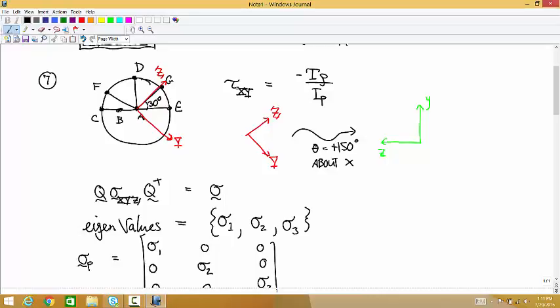Then you'll get different ones for B, and for A you won't have any stress at all because the shear stress due to torsion depends on how far you are from the center, and that's at the center. So along the center line of a circular cross section, you never have any stress due to torsion, just like you don't have any stress due to bending moment along the neutral axis.